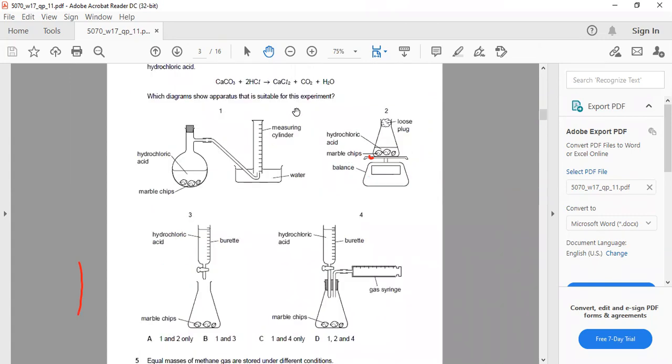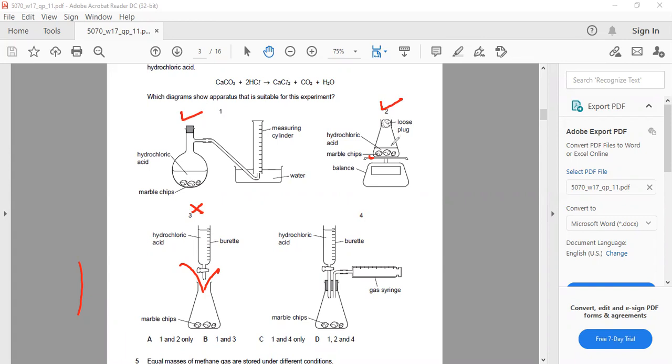So which one is not possible? First eliminate those. It is not for rate of reaction. Gas is given out. This is possible because gas comes here and the volume of liquid you can measure with respect to time, because the water level will go down with respect to time.